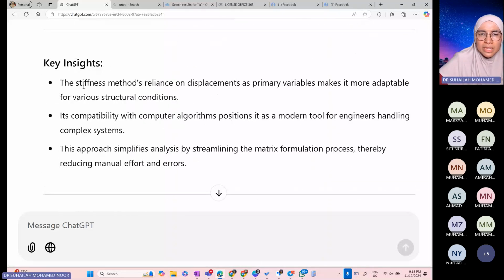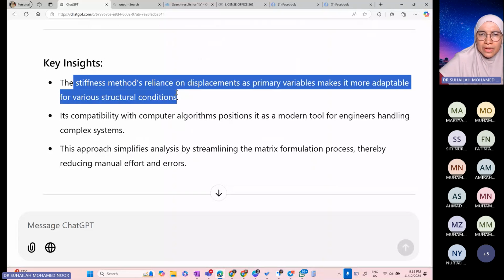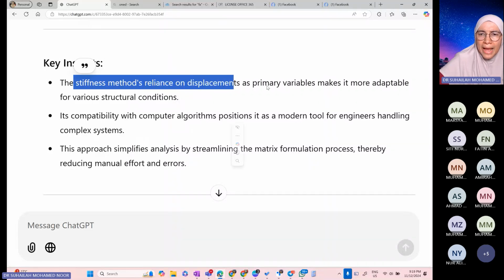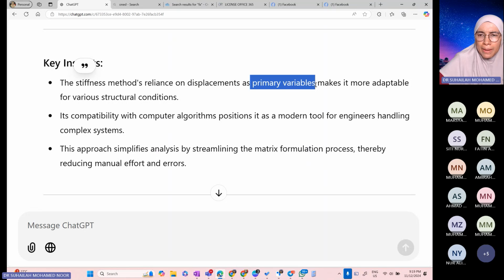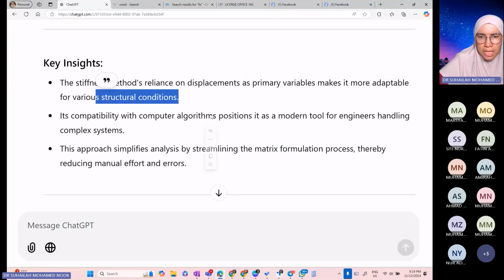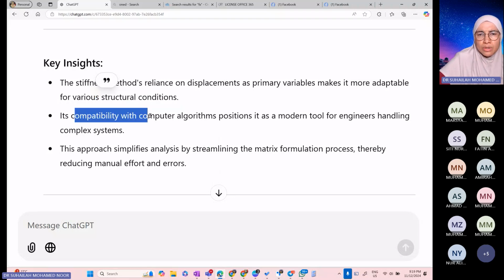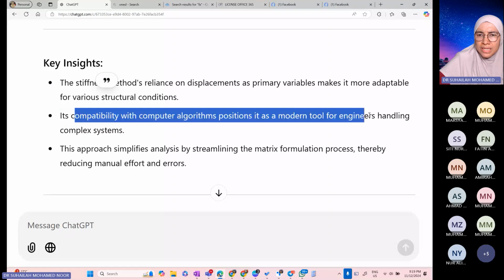Okay, the stiffness method relies on displacement as the primary variable. Okay, yang ni yang kita akan dapat dulu, the primary variable, and it is more adaptable for various structural conditions. Okay, its compatibility with computer algorithms makes it a modern tool for engineers handling complex systems. Okay, so kalau untuk manual calculation, memang dia akan ada limitation.